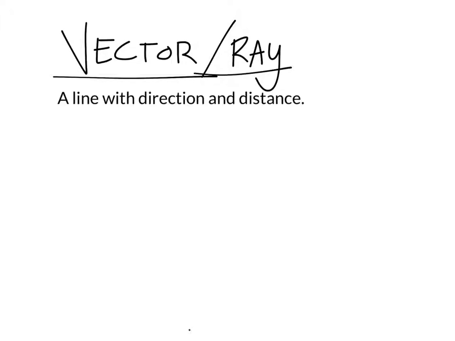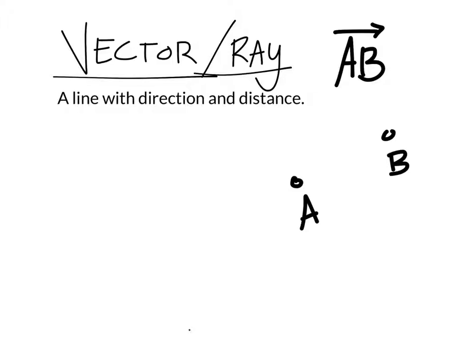That sounds good. Just so we understand the format, because we may see it, a ray would have two letters representing two points, and then there's a line above it, but it has one arrow. What this means is that if I had two points, A and B, then I could draw a line through the two points with an arrow.